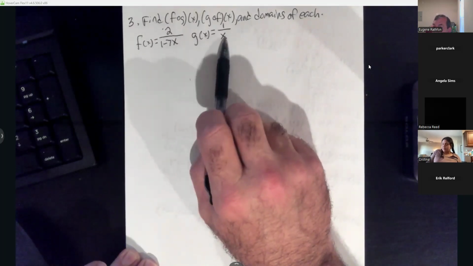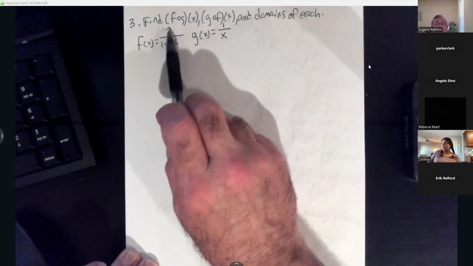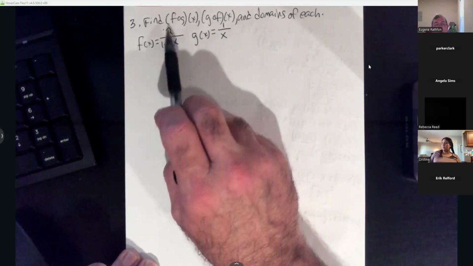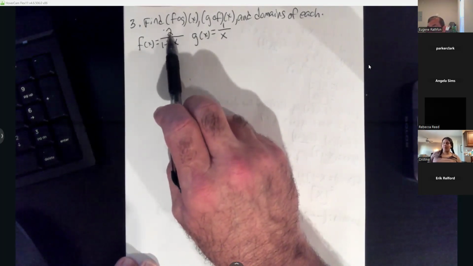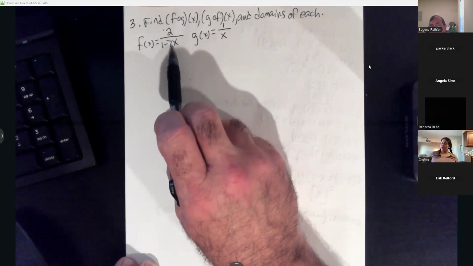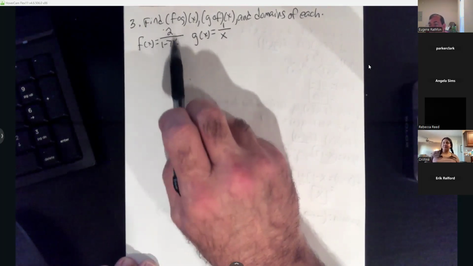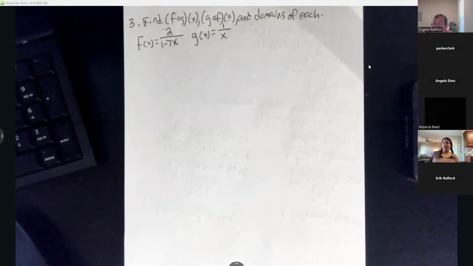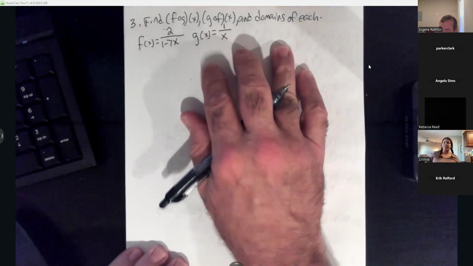Everybody's g of x will be a 1 over x, just like mine. The differences are going to be our f of x's. And the only differences I've seen on the f of x's was you might not get a 2 on top, and you might not have a 7 in front of that x. But those are the only two numbers that I've seen be different on this, okay? So they're going to be really similar.